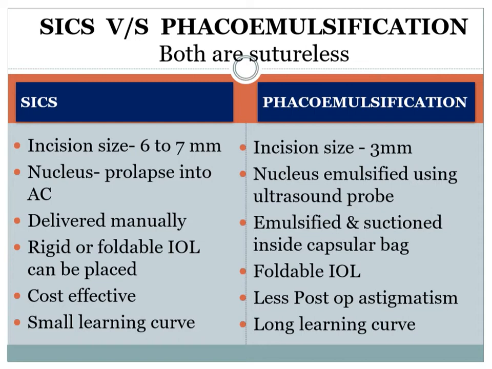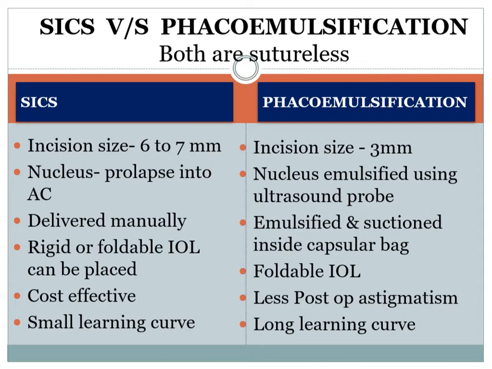So the amount of postoperative astigmatism is directly proportional to the length of the incision. So if you have made a longer incision, you get more amount of postoperative astigmatism. If you have made a smaller incision, you get less amount of postoperative astigmatism.